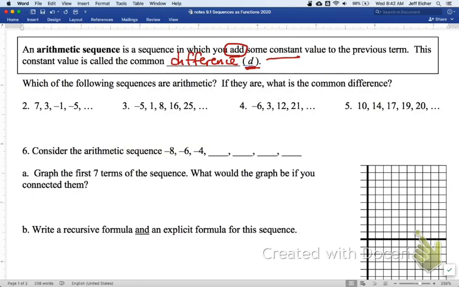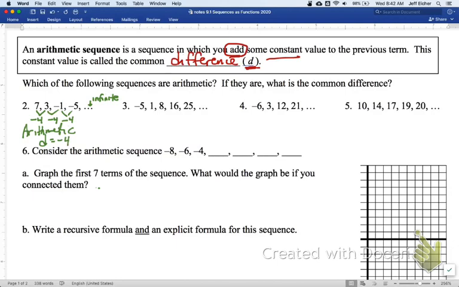In this first example, it looks like we're subtracting 4, and then subtracting 4 again. It's promising. And then finally subtracting 4, and it is infinite. Not that that matters here, but that dot dot dot means that it's an infinite sequence. So this is arithmetic, and our common difference is -4. We're adding a -4 each time.